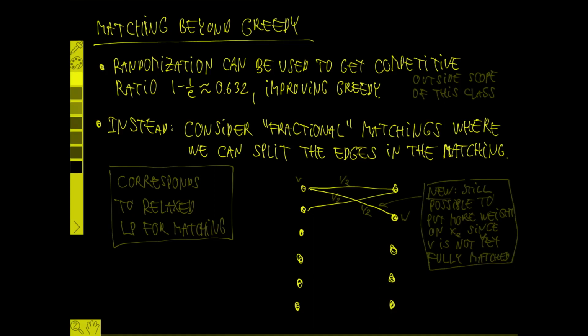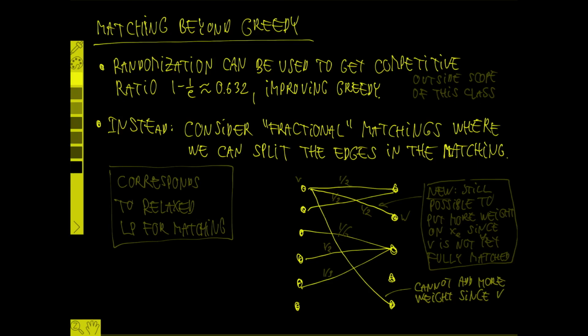Okay. So the rest, if there's only this outgoing edge, we cannot match. We can choose to match the outgoing edges unevenly. Of course, it can also happen here that there's no way to add any weight, since the vertices on the left hand side are already fully matched. Okay, so the sum of the corresponding decision variables is 1.